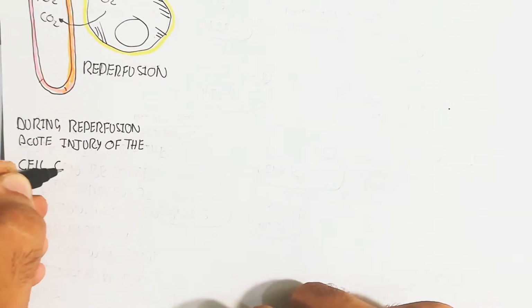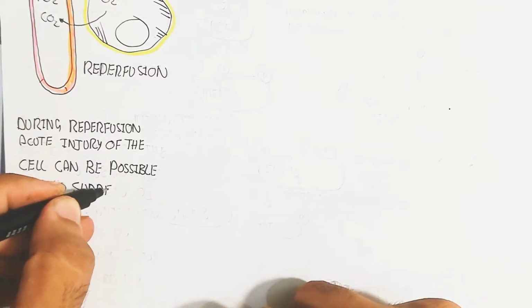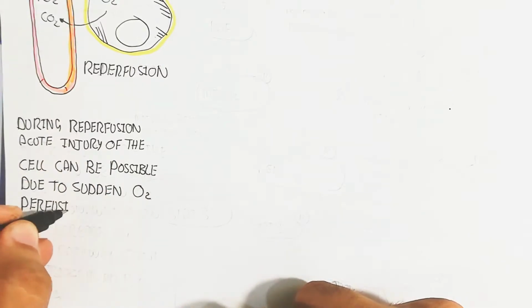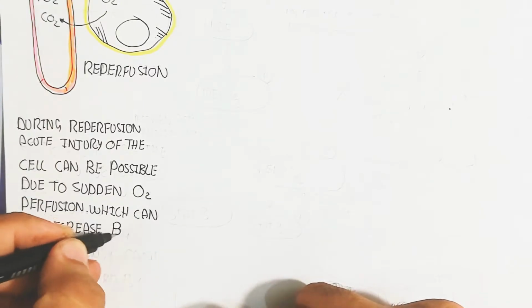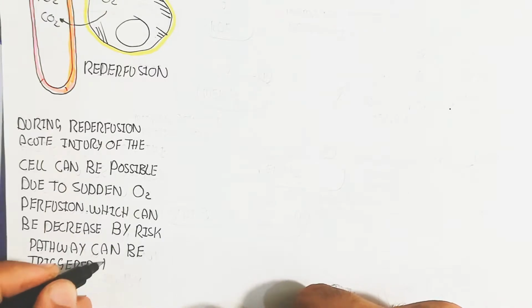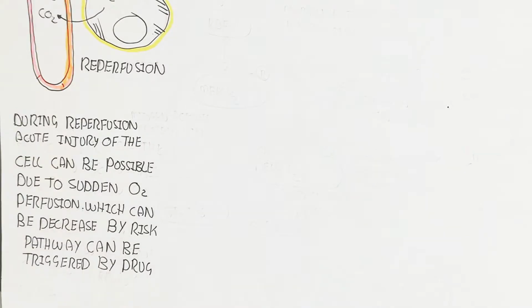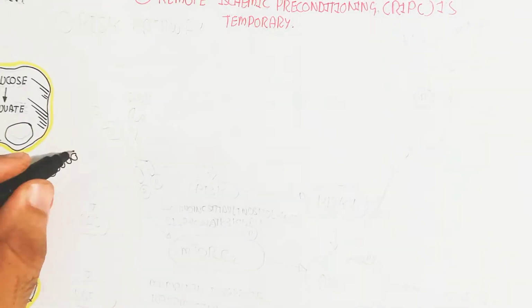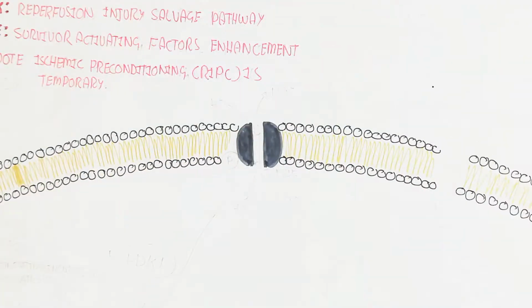During reperfusion, acute injury of the cell can occur due to sudden oxygen reperfusion, which can be decreased by the RISK pathway triggered by a drug. During angioplasty or other procedures, when the oxygen level drops in the heart, in the coronary and the cardiomyocyte, the RISK pathway will be stimulated after this treatment.